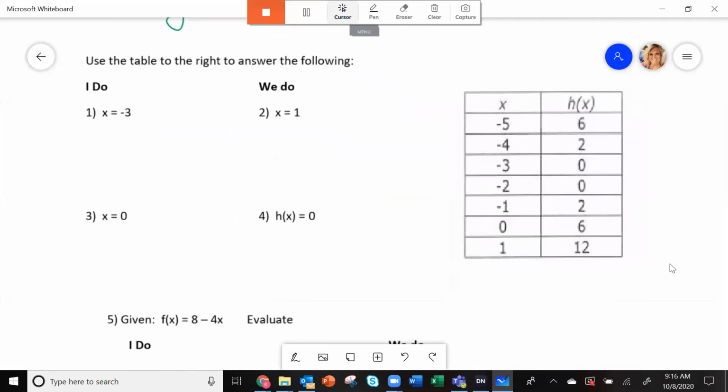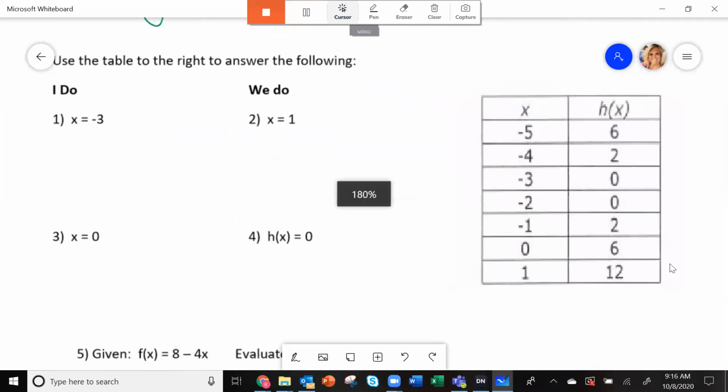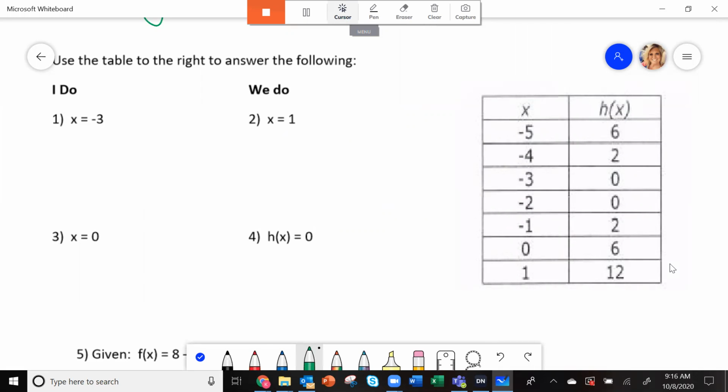All right, looking here. We're going to use the idea of f of x, h of x, the functions, to be able to find our answers. So when this says x equals -3, this could be written the same as f of -3. When they're giving us our x value, it can also be written f of -3.